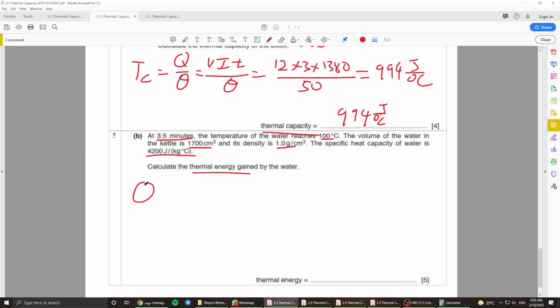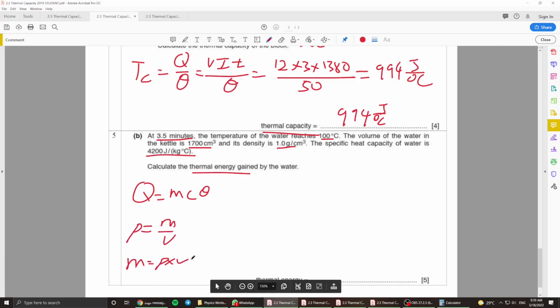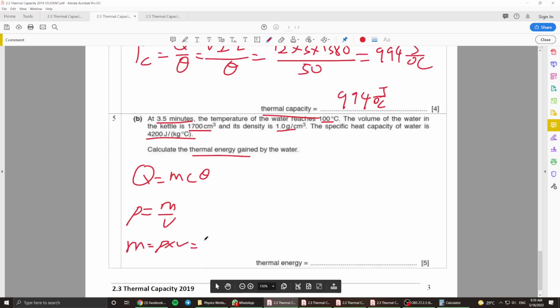Thermal energy Q is equal to MC theta. Density is equal to mass over volume, so mass will be equal to density multiplied by volume, which is 1 times 1700, which is 1700 grams. Change that into kg, which is 1.7 kg.